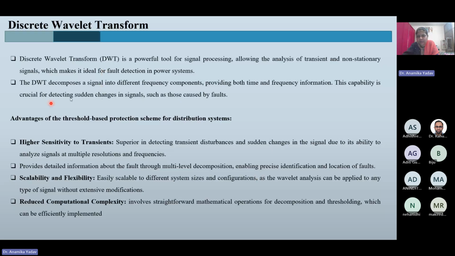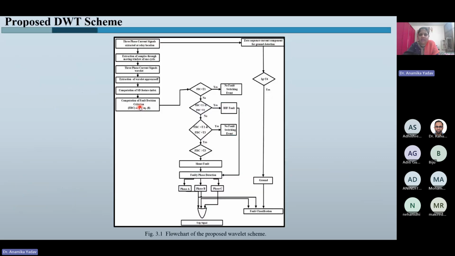So it is a threshold based protection scheme wherein we will be deciding different threshold functions to distinguish between non-faulty and faulty events, and among faults, whether it is a low impedance fault or a high impedance fault, that will be decided.